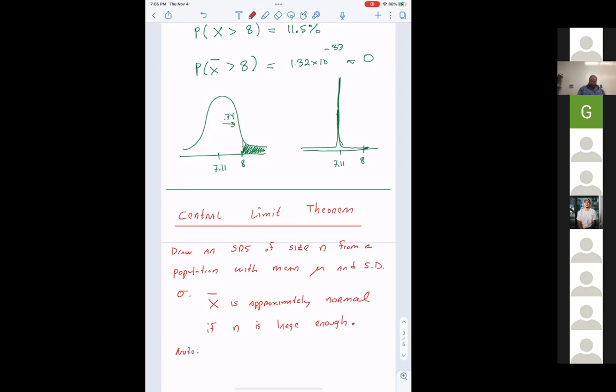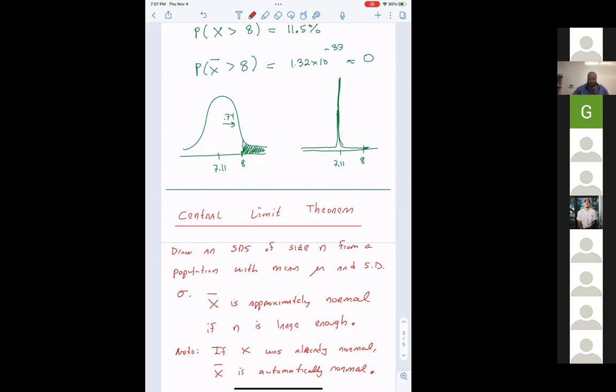Note, if X was already normal, X bar is automatically normal. This is the central limit theorem.